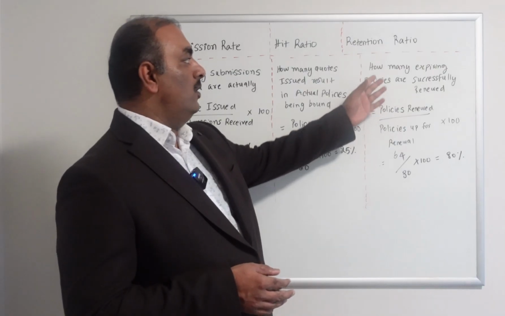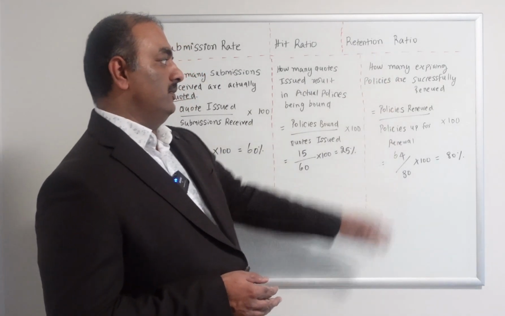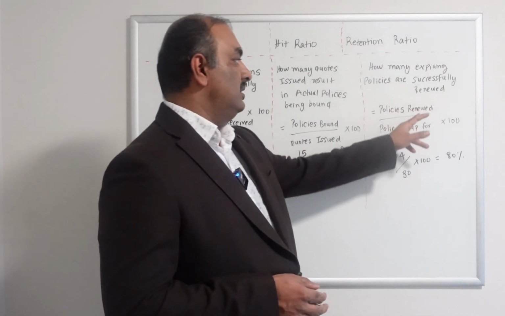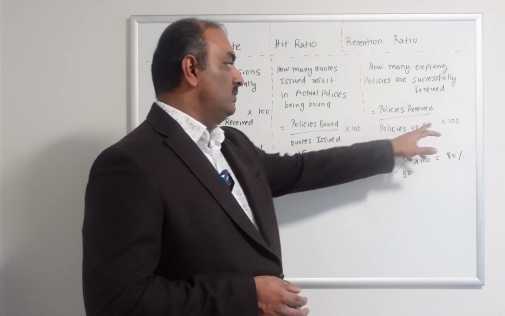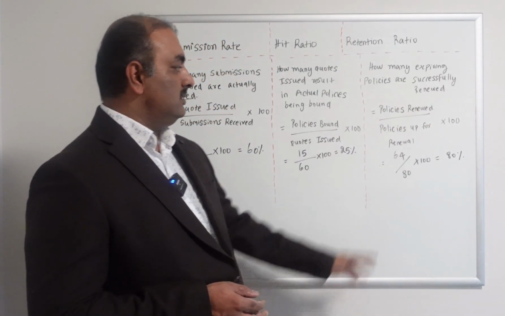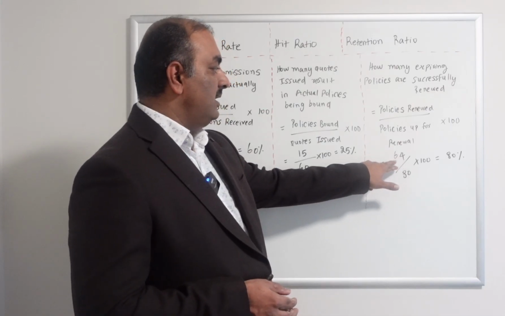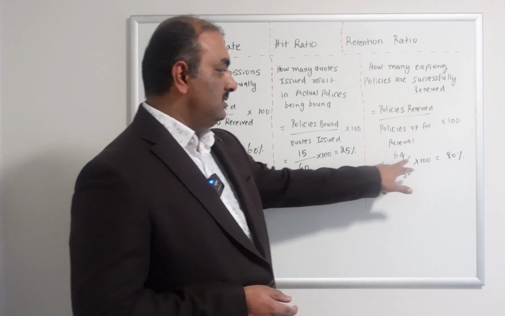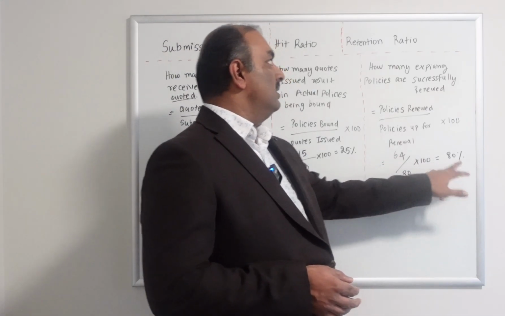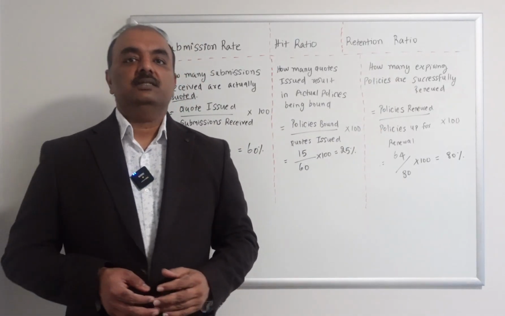Here what we are trying to do is see how many expiring policies are successfully renewed. So what we do is policies renewed by policies up for renewal into 100. In this case, say the total policies that are expiring is 80. Out of that, say 64 got renewed, which into 100 comes to 80%. So in this case your retention ratio is 80%.